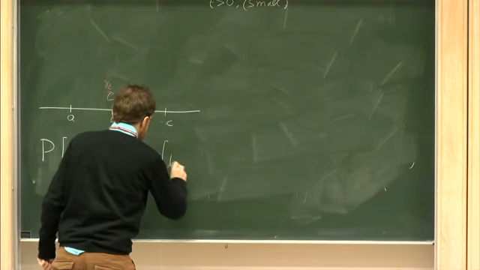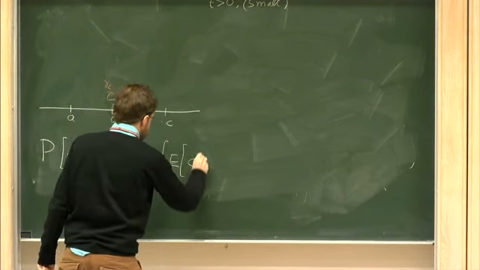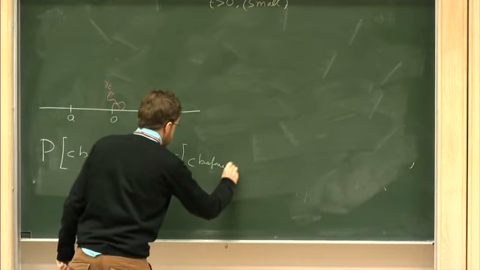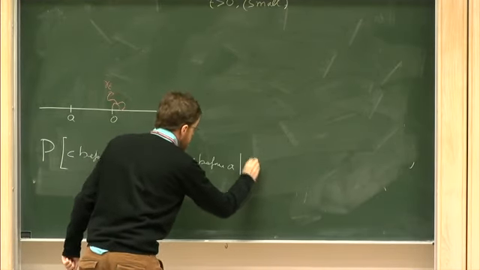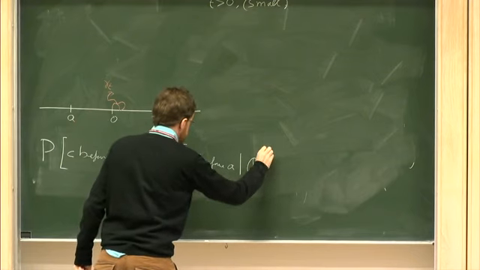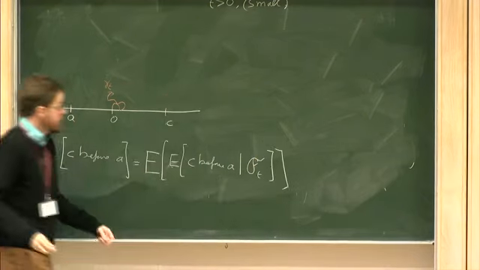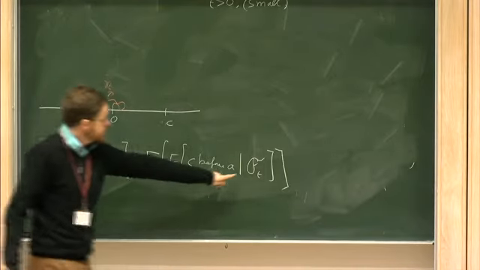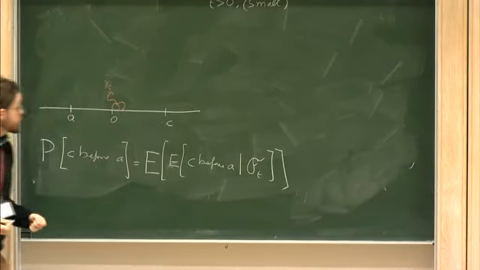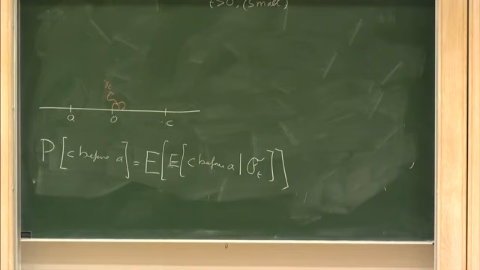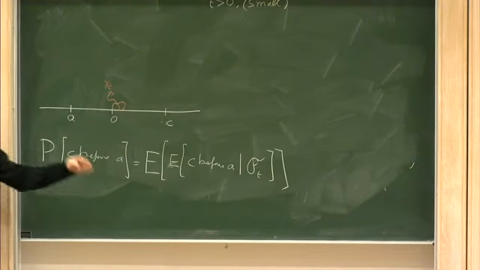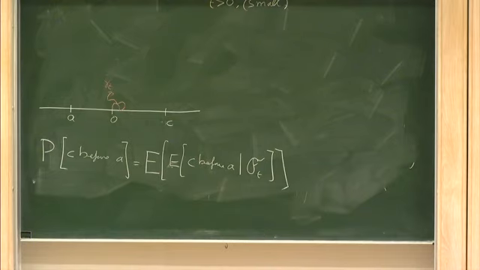So the expected probability of touching C before A given Ft. And Ft is just the sigma field discovered at time t in the filtration generated by the driving process. Okay, so this is just an equality. It's just saying that any probability satisfies this, you can always condition and decondition.